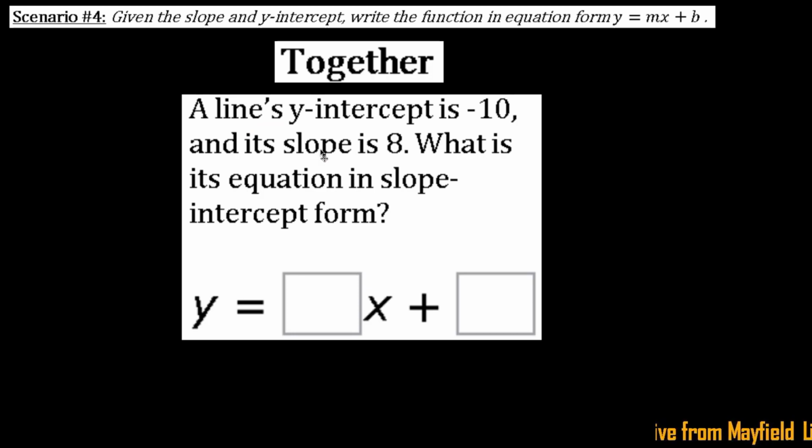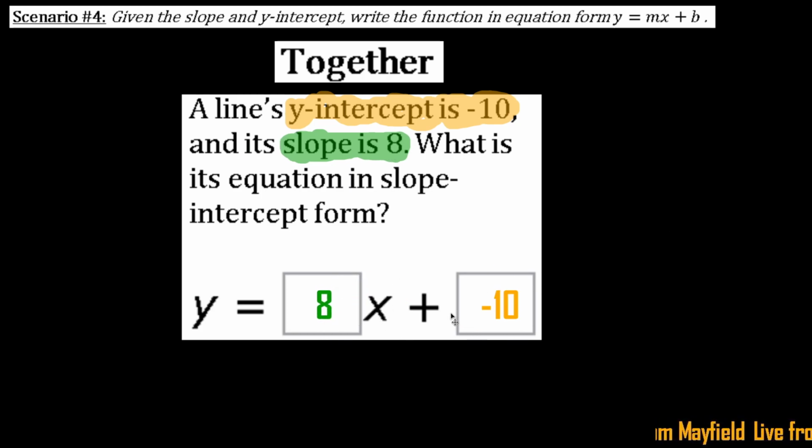So the one together, it says a line's y-intercept is -10. So I can highlight that part right there and say, hey, I already know I'm going to have a -10 back there. And then our slope is going to be 8. So I can say our slope is 8.